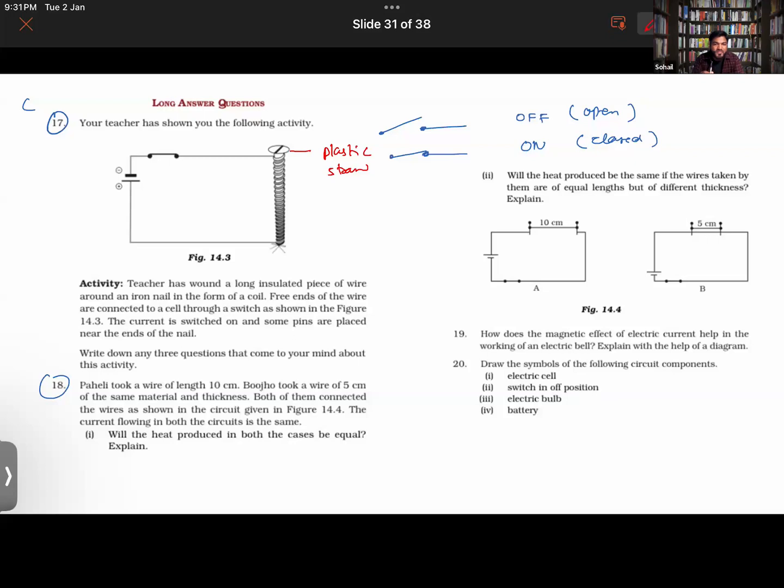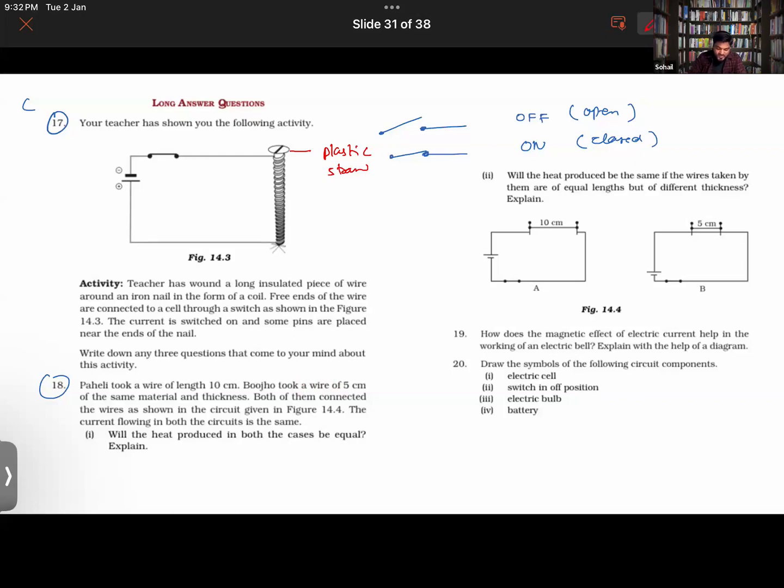By thickness we refer to its width, or if it's a cylindrical object, its diameter, basically its size. It does not mean that it is thicker. Getting it?